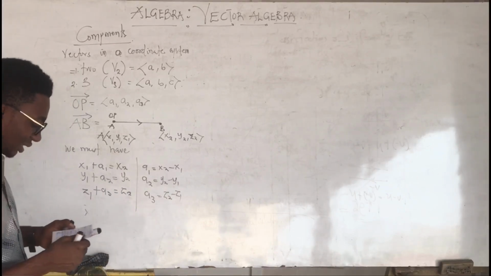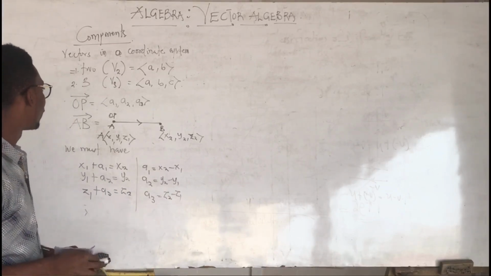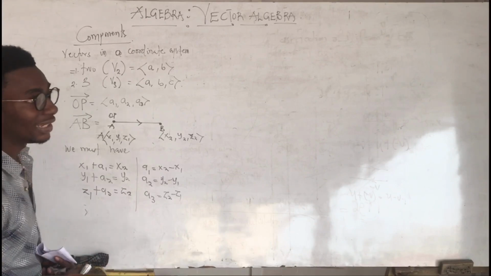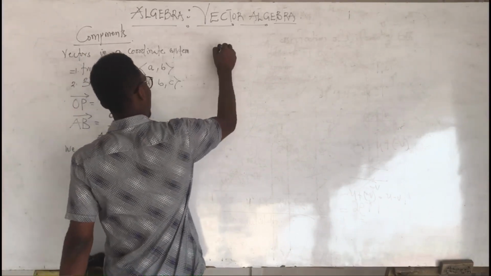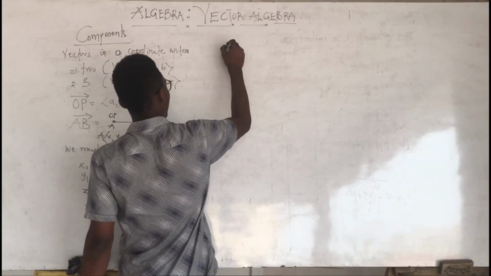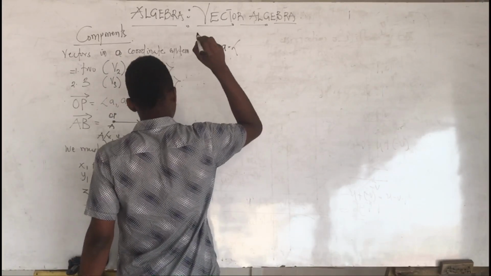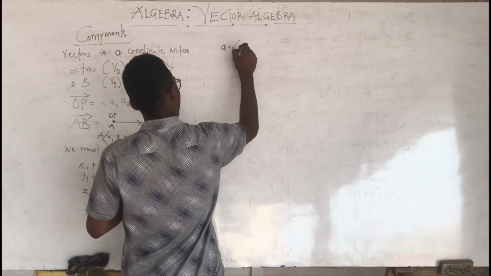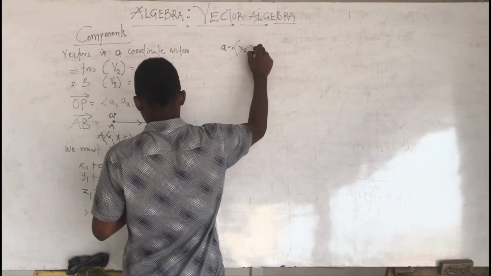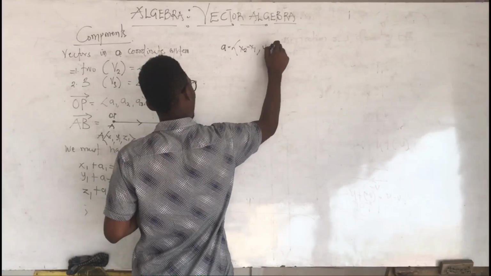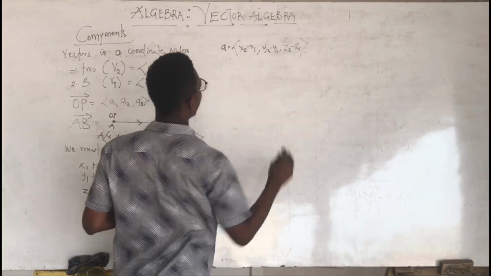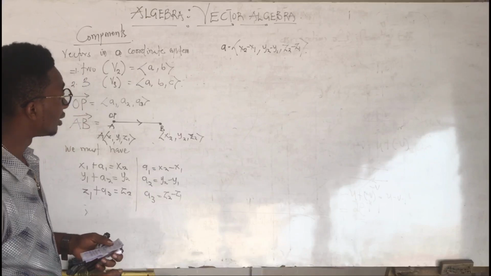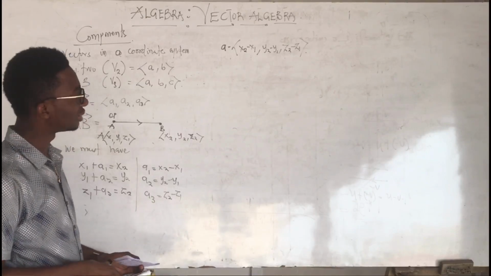So if you want to find the resultant A, that is a1, a2, a3, then our resultant A is very simple: a1, which is x2 minus x1, a2, which is y2 minus y1, and a3, which is z2 minus z1. This will give us our resultant A.